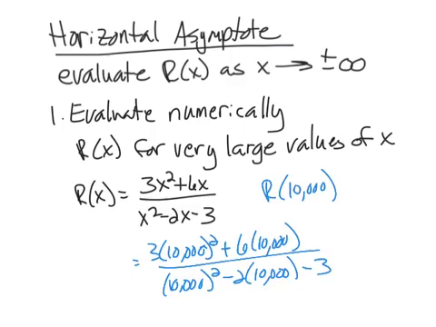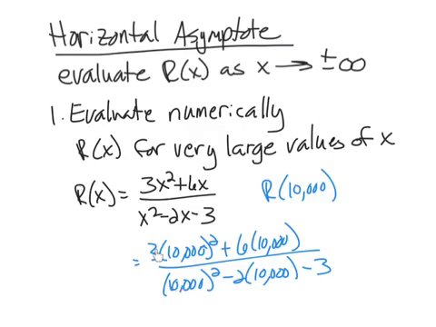Now if you look at that and just think about it, 10,000 squared is 10,000 times as large as the 10,000 not squared. And you have the same thing on the bottom. So what's going to happen is that all of this stuff is going to be relatively small compared to the 3 times 10,000 squared divided by 10,000 squared. So we're really just looking at this guy.